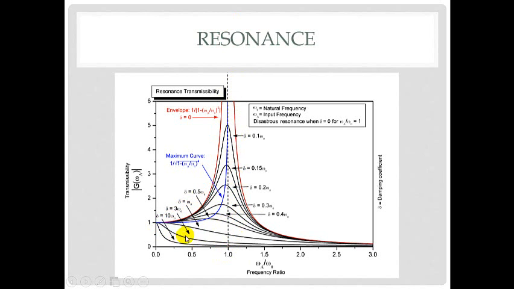As you can see, there's a lot of lines on this graph, and what these lines represent are the response for different damping. When you have a lot of damping in the system, then really resonance is not a problem anymore, and it tends to dampen out the big peaks.